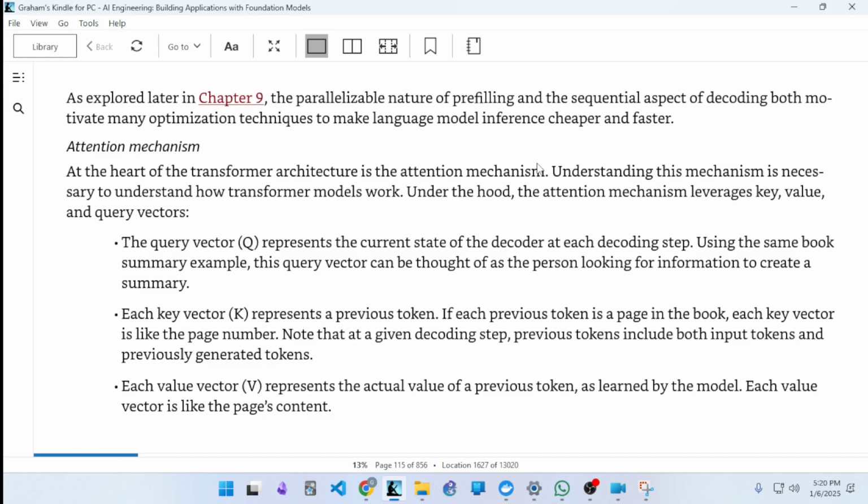Okay, the key vector is pretty easy to imagine in this analogy. The key vector is like the page number in a book. And then the value vector is like the page's content.